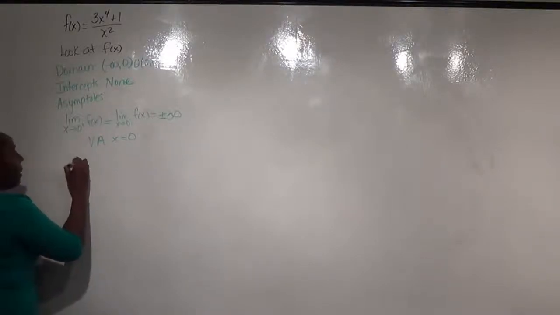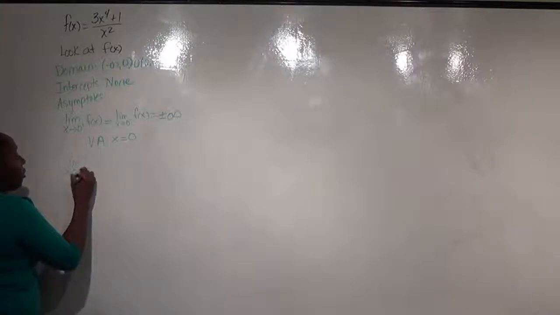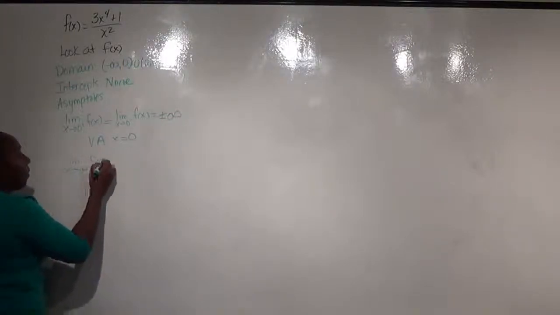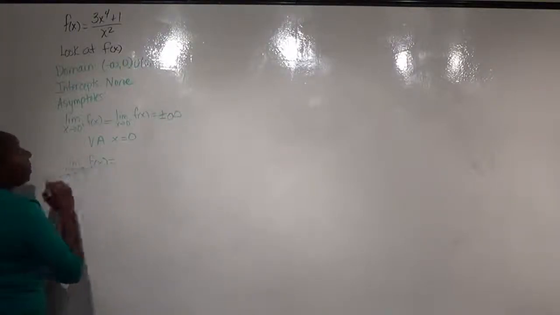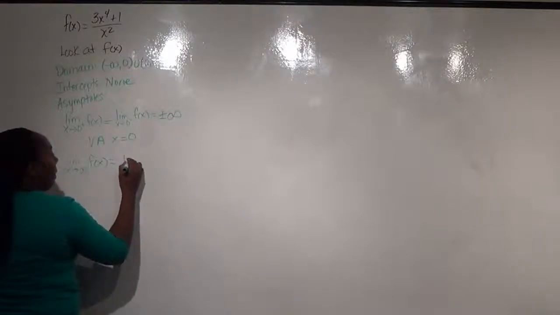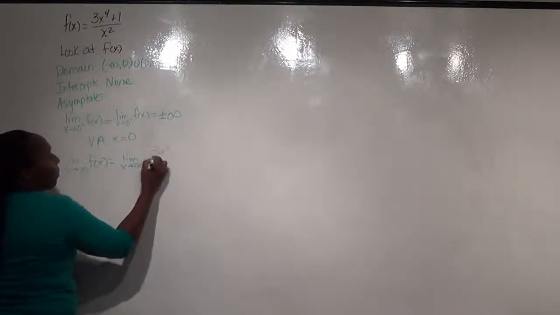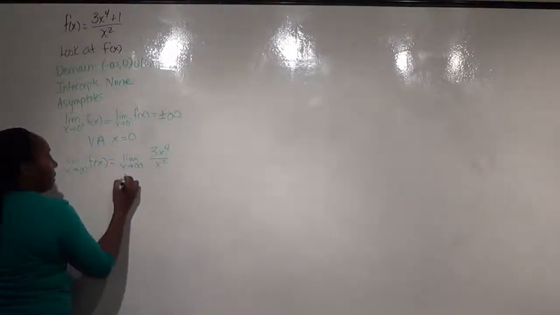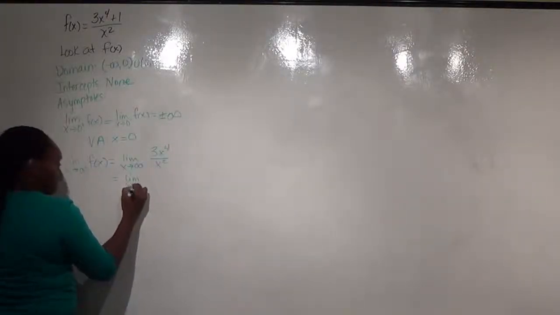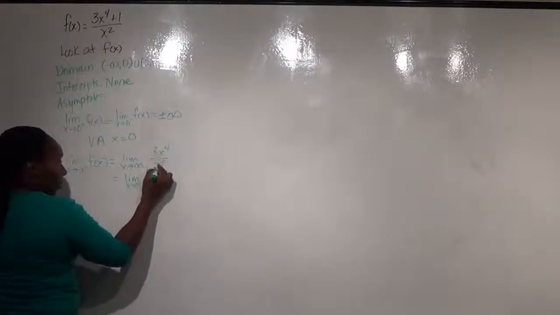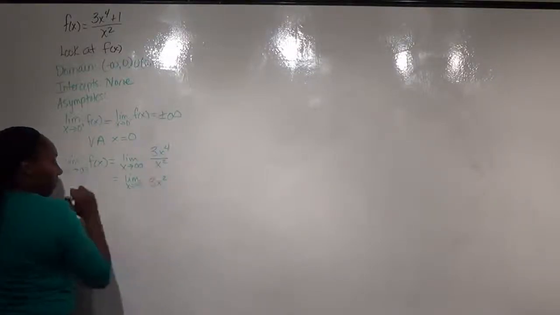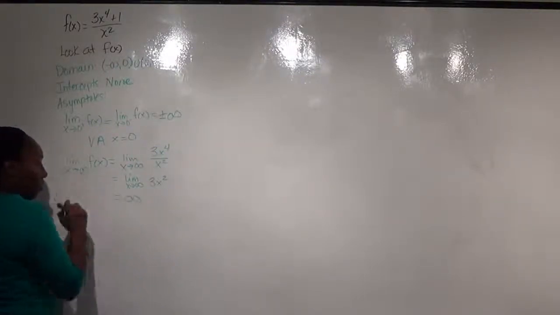If we look at the limit as x goes to infinity of our function, we can see, again, looking at highest power terms, 3x to the 4th over x squared. That'll simplify down to a 3x squared, which goes off to infinity.